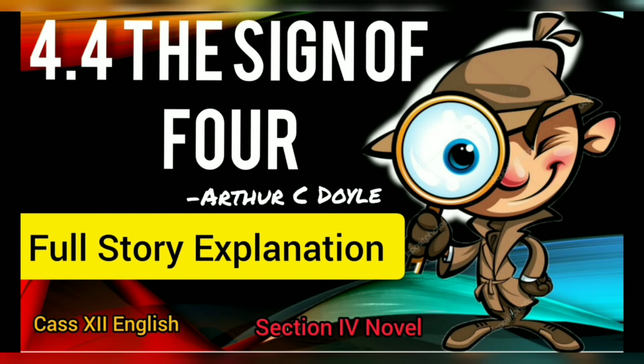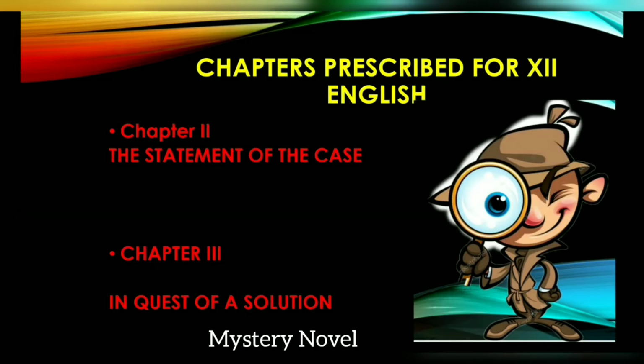Originally Arthur Conan Doyle was a physician, and in 1887 he published A Study in Scarlet, the first of 4 novels and more than 50 short stories about Holmes and Dr. Watson. There are a total of 12 chapters in the novel The Sign of 4, but only 2 chapters, chapter number 2 and chapter number 3, are prescribed to you in your English syllabus of 12th class.